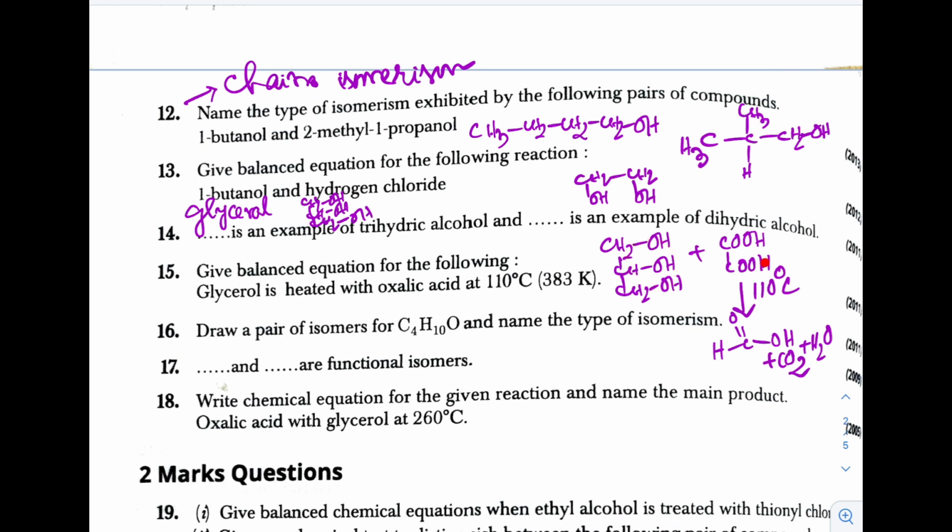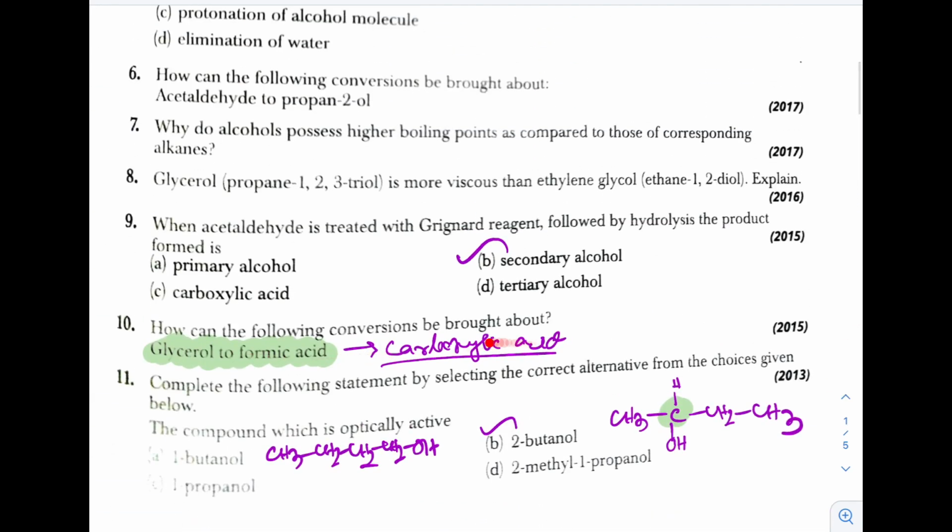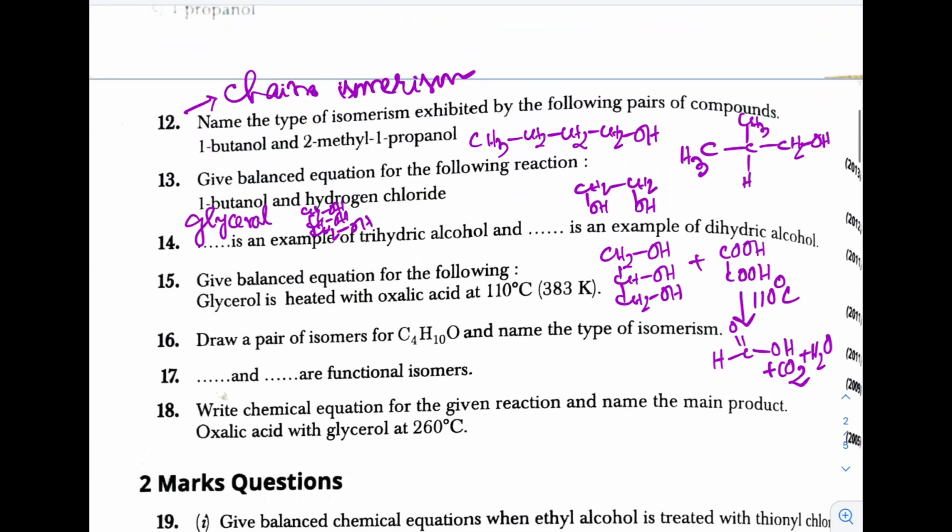If you heat glycerol with oxalic acid at 110 degrees Celsius, you will get formic acid. So you write down the same reaction over here: glycerol plus oxalic acid at 110 degrees Celsius will produce formic acid. This will be the exact reaction. So this problem is solved over here. You don't have to wait for the carboxylic acid chapter.